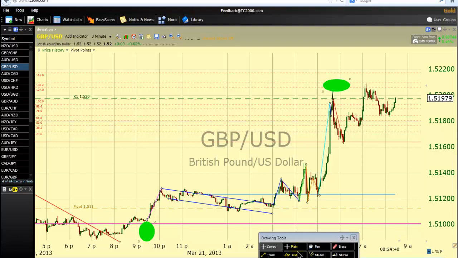This is what a lot of traders get into trouble with. When they are dealing with cycles, they say end of the cycle. It's not the end of the cycle; it's the end of a cycle. Because if you go to another time frame, the movement from this green spot to this green spot may be just one wave.